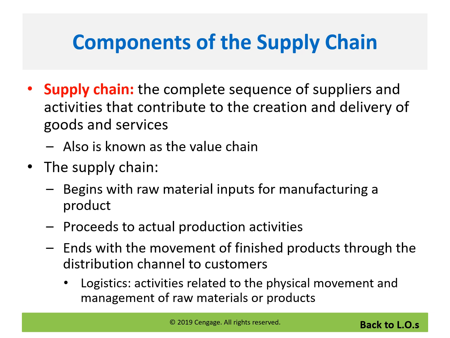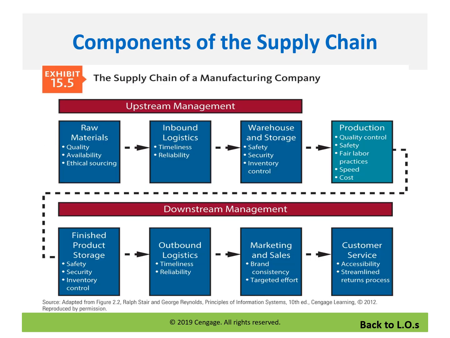Logistics are activities related to the physical movement and management of raw materials or products. The supply chain takes place in two directions. First, the upstream management, which involves supply of raw materials from suppliers. Quality, availability, and ethical sourcing must be considered right from the start.